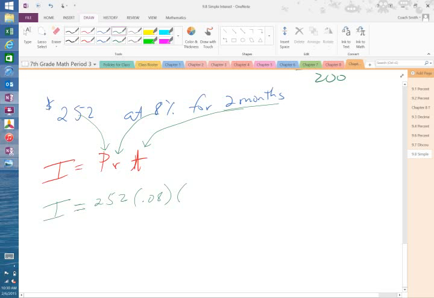I can't put a 2 in the parentheses. If I put a 2 in the parentheses, that means 2 years. It's 2 months. So what I have to do is put 2 over 12 because that is the fraction of a year that I'm using.